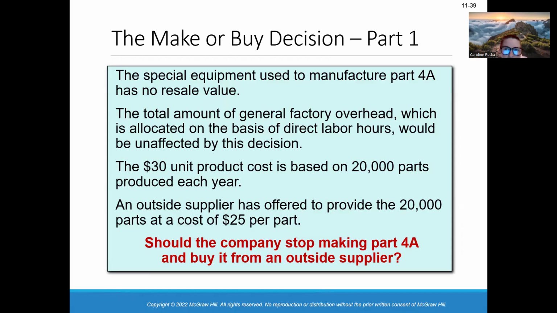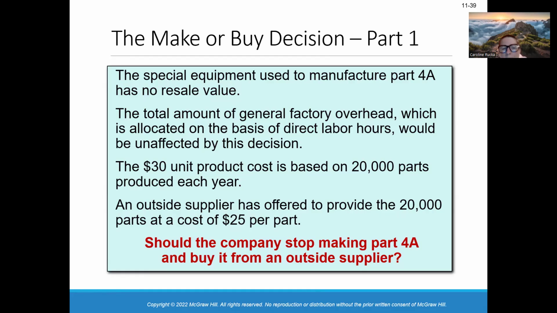It would be unaffected by this decision. We just redistribute it to the other areas. The $30 unit product cost is based on 20,000 parts produced each year. An outside supplier has offered to provide the 20,000 parts at a cost of $25 per part.